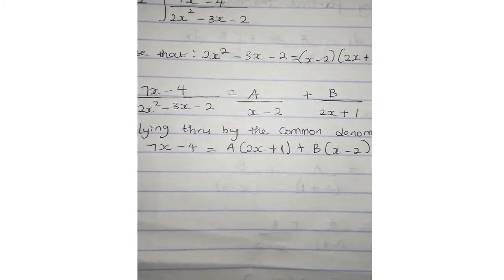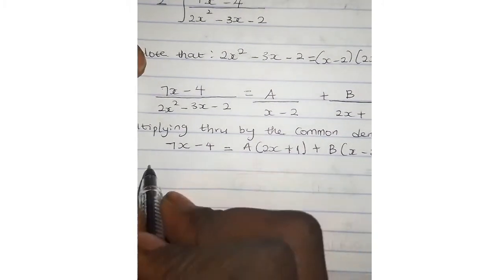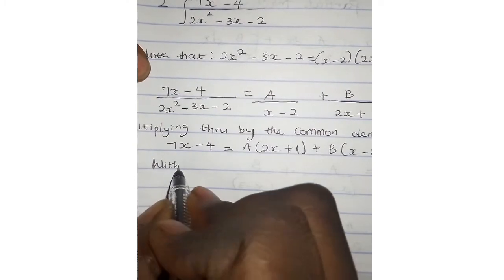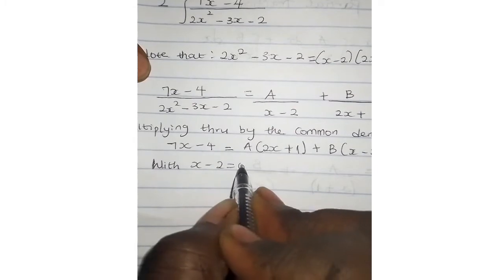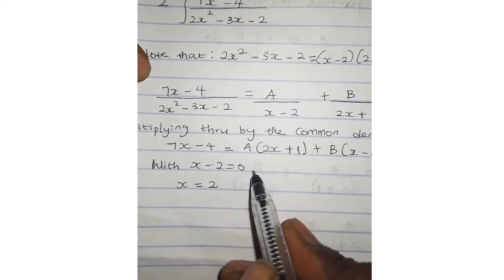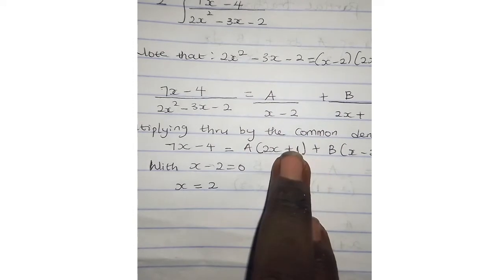So now at this stage, we're going to equate. For us to get a, we're going to equate x minus 2 equal to 0, so we're going to have x is equal to 2. When x is 2, we put it into this equation.